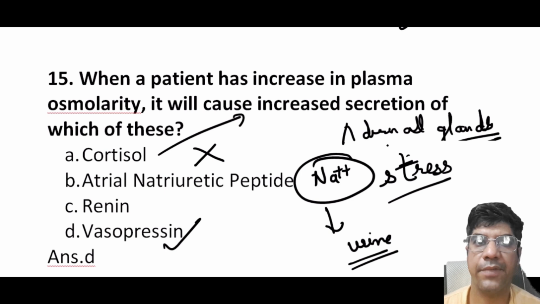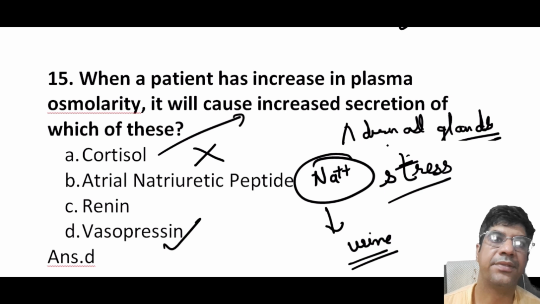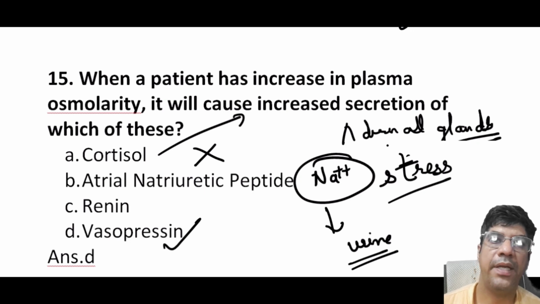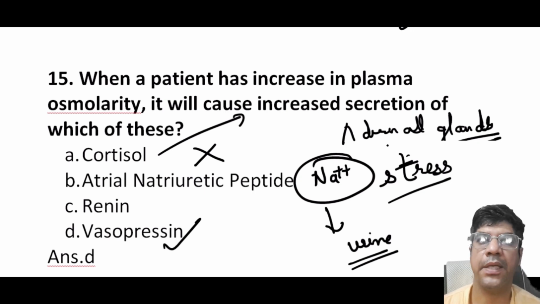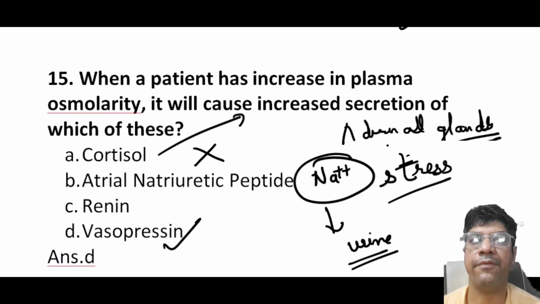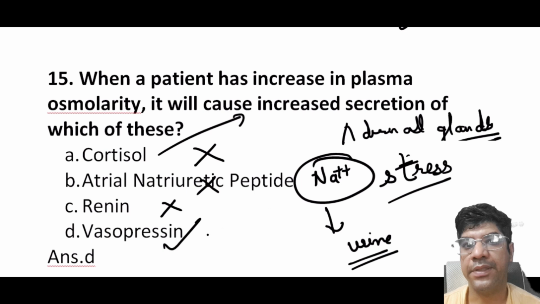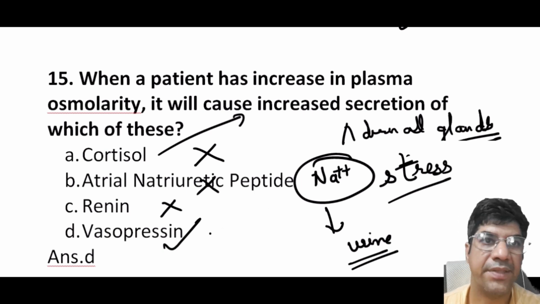Renin catalyzes the conversion of angiotensinogen to angiotensin 1, which is further converted into angiotensin 2, a vasoconstrictor that stimulates aldosterone release from the adrenal glands, leading to sodium and water retention. The answer is D, vasopressin.